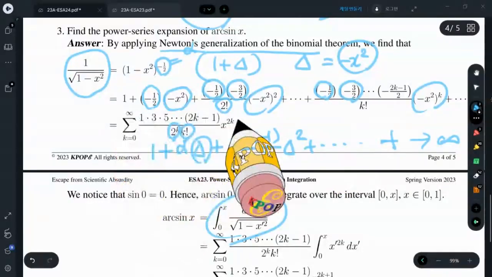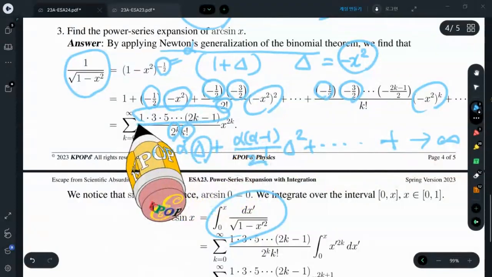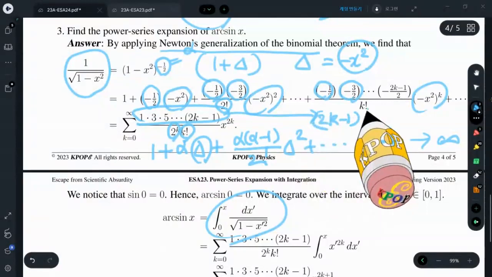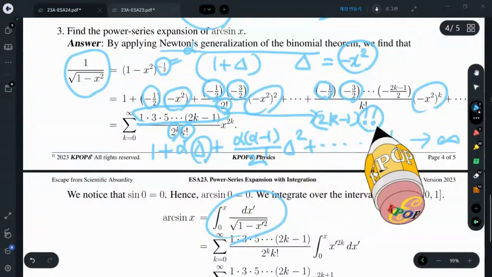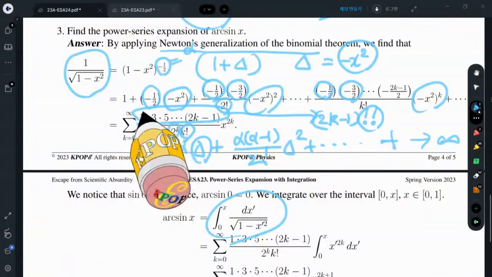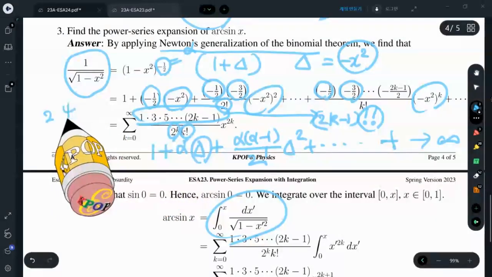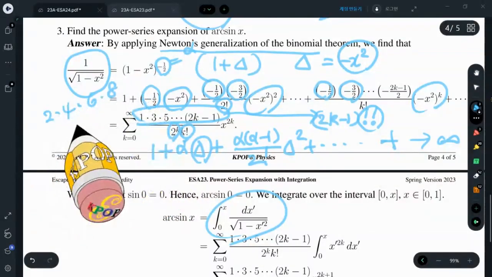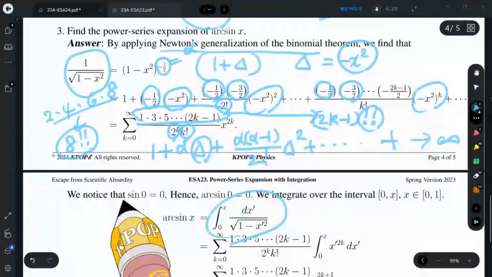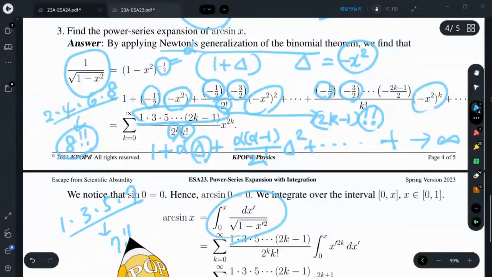In the numerator, we have 1, 3, 5, 7, odd numbers. This is usually written in the form (2k minus 1) double factorial. This double factorial notation stands for stepping by 2. For example, if you have 2, 4, 6, 8, then you would say 8 double factorial. So 1, 3, 5, 7, what's that? This is 7 double factorial.